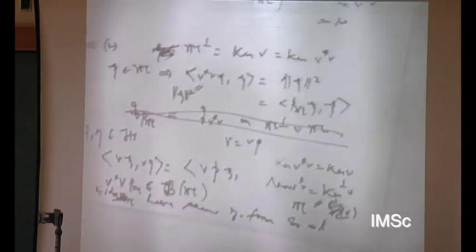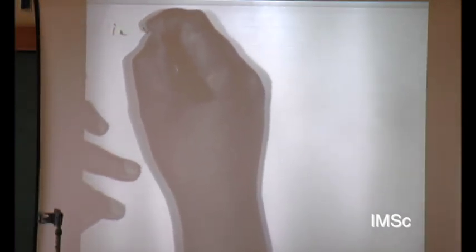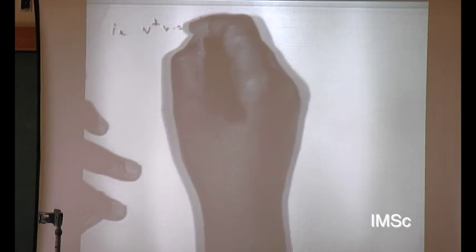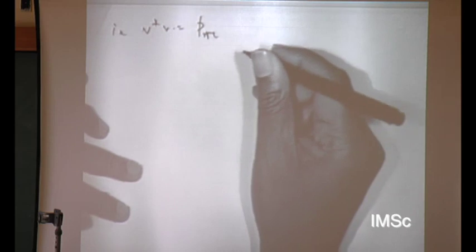It is a projection on M: identity on M and 0 on M perp. That is, V*V equals the projection on M. So we prove that 1 implies 2.